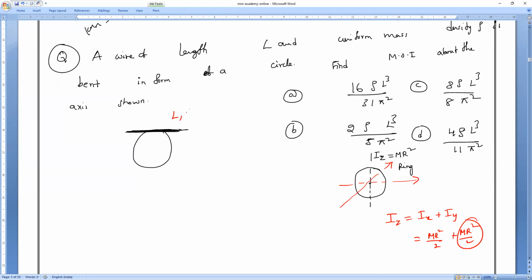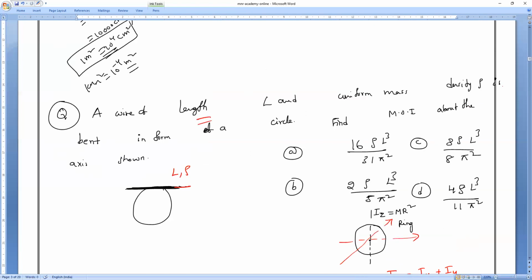So having a length L and mass density rho. A wire of length L with uniform mass density is bent in the form of a circle. Circle means it is actually a ring, understanding? Now imagine the axis of rotation is passing through the center of mass. So which principle do we have to apply?